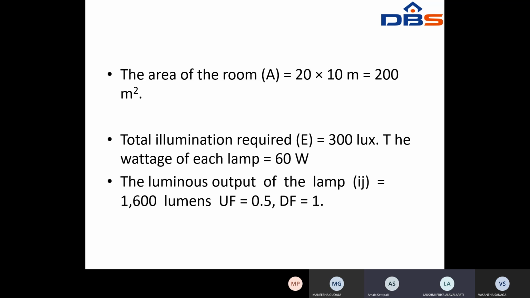Illumination is denoted with E. The power of each lamp is given as 60 watts. The luminous output is 1600 lumens. UF, utilization factor, equal to 0.5 and depreciation factor equal to 1. All of you note this given data also.